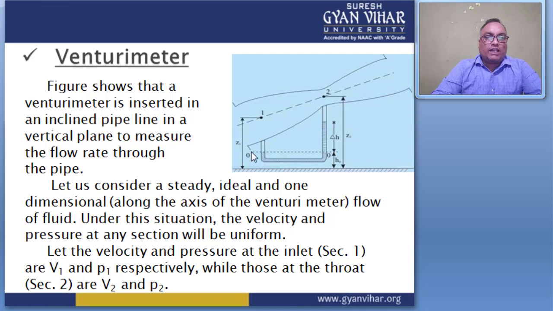Let the velocity and pressure at the inlet section 1 be V1 and P1 respectively, while those at the throat section 2 are V2 and P2. For this case, we apply the Bernoulli equation at section 1 and section 2.